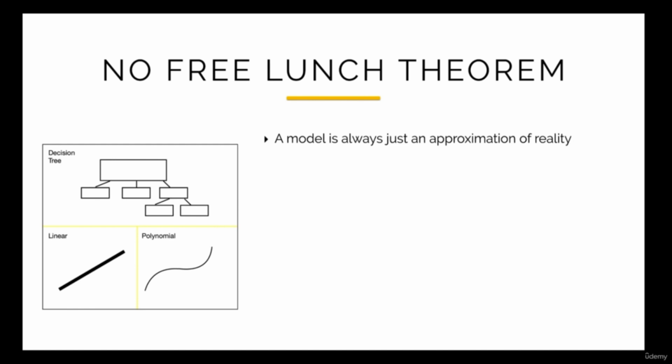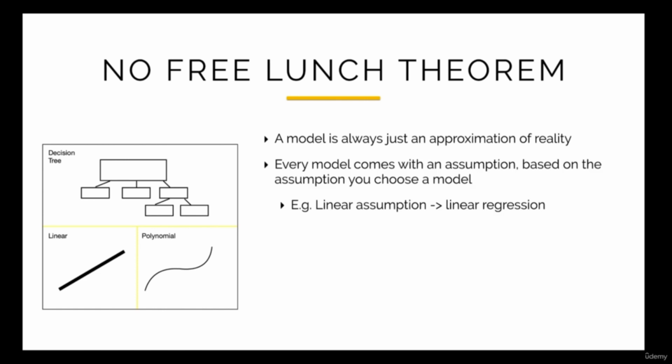Now, the goal that you're trying to achieve with the model is to mimic or understand reality as closely as possible, so that the differences between your model and reality aren't really important anymore because they essentially behave the same way. Every model usually comes with an assumption, and based on whatever assumptions you have about your data, you're going to choose a specific model.